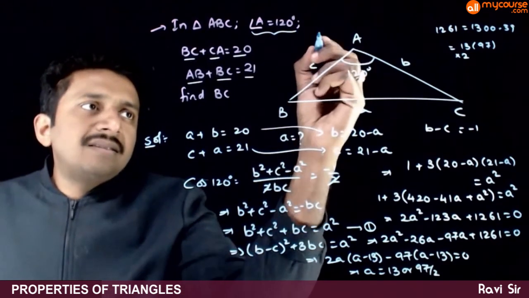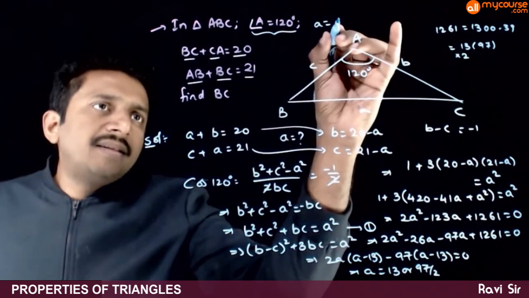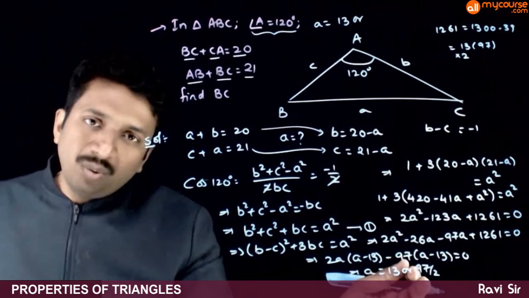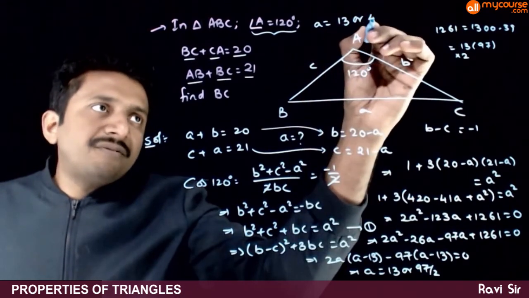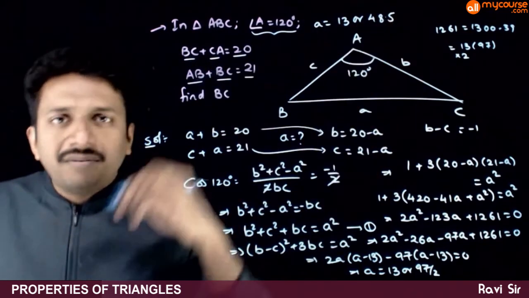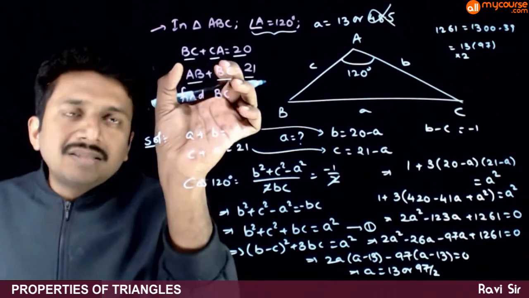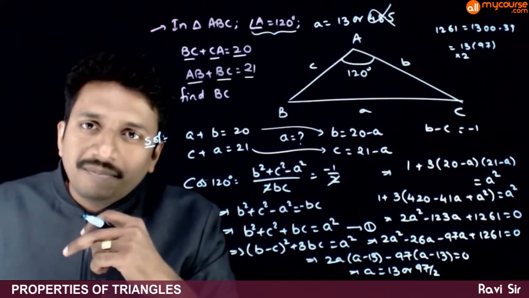So the value of the side A is equal to either 13 or 97 by 2, that is 48.5. Obviously 48.5 is a wrong answer because the sum of two sides is 20, so one side cannot go more than that.